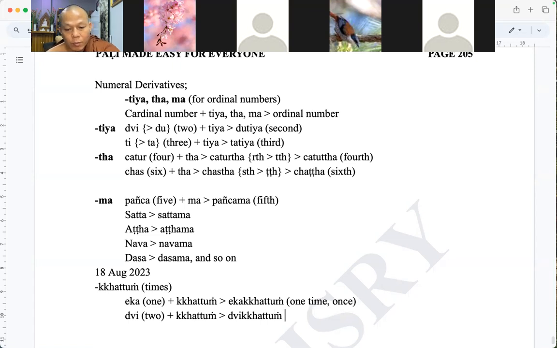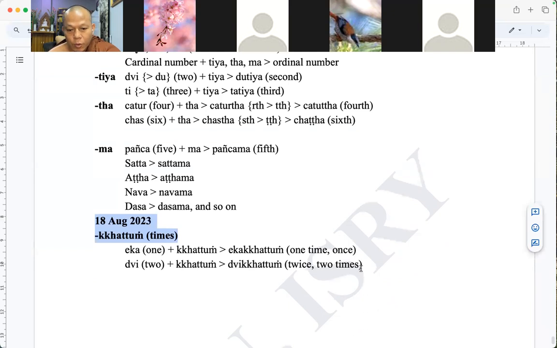Dvi kkhattu means twice or 2 times. So in this way, and so on.